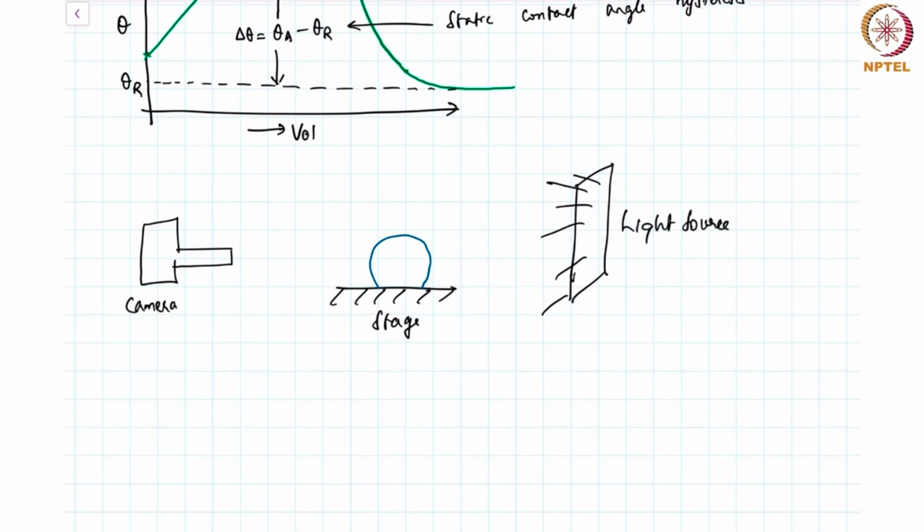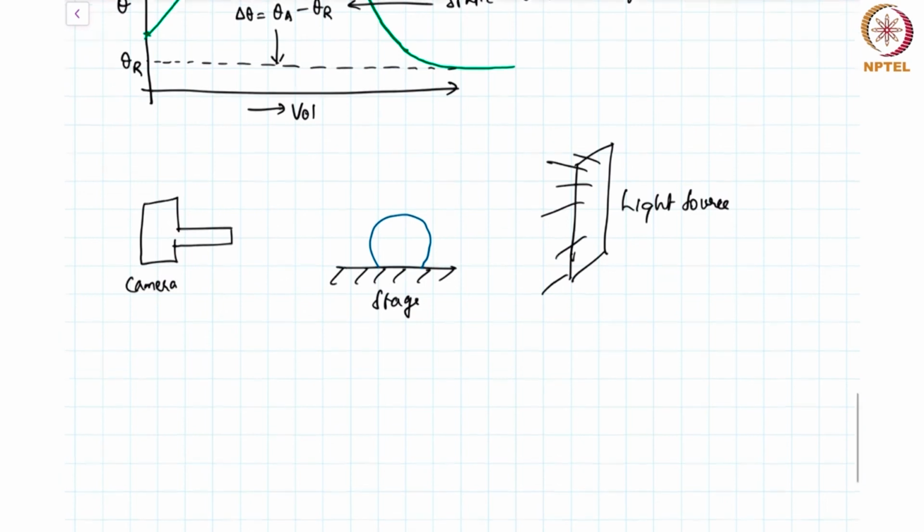You have to make sure that the droplet, the camera, and the light are more or less in a straight line. When light falls on the droplet, it gets scattered, but the rest of the light travels in a straight line and hits the camera.